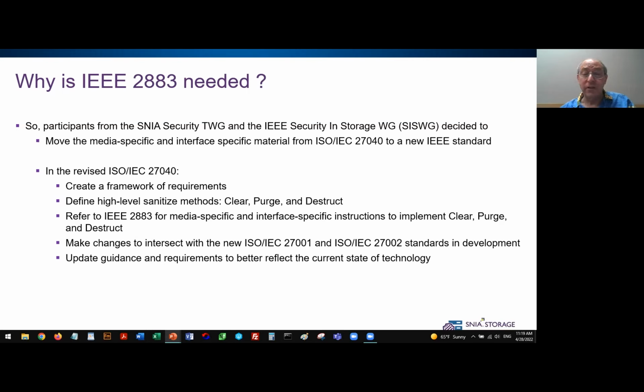How do you choose these? Why do you use one versus the other? It references 2883. And we have a table of requirements so that you can just go down the list and have a checklist. So the revised 27040 and this document go hand in hand.